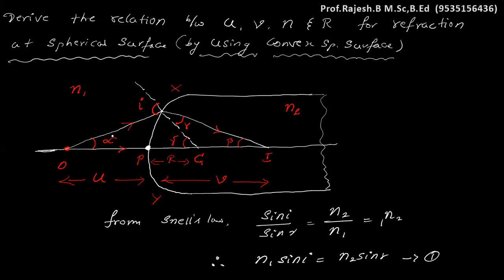Now we are considering the paraxial ray. Paraxial ray means the ray which passes very close to the principal axis.